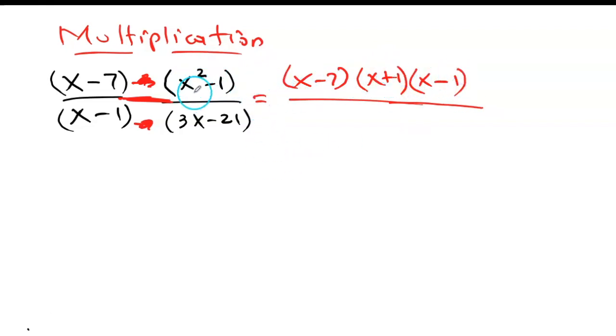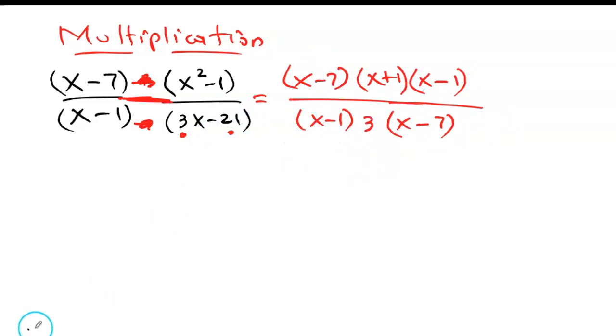And I just factor this out. The bottom, x minus 1, I'm bringing that one. This, I see that I have a greatest common factor of 3. 3 is in the 21, so 3 is a common factor. 3x divided by 3 is x, minus 21 divided by 3 is 7. Oh, you see that? x minus 1, minus 7, minus 7.